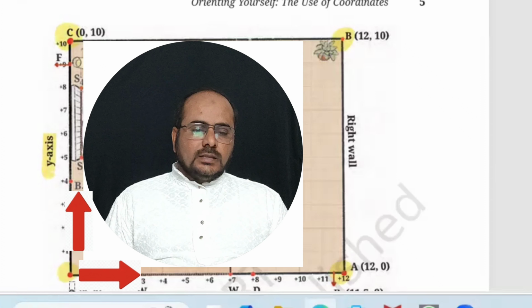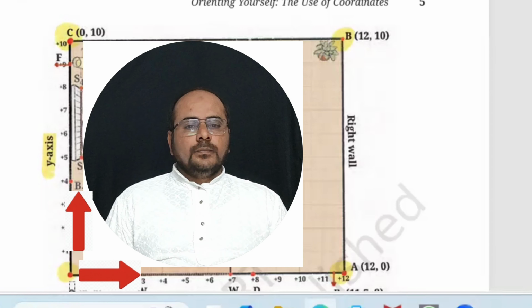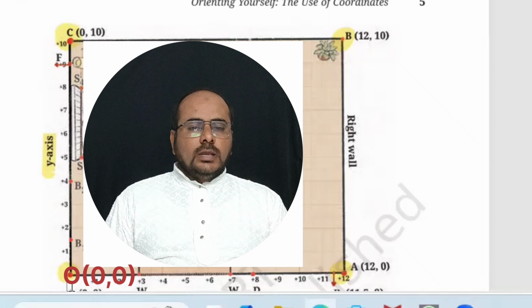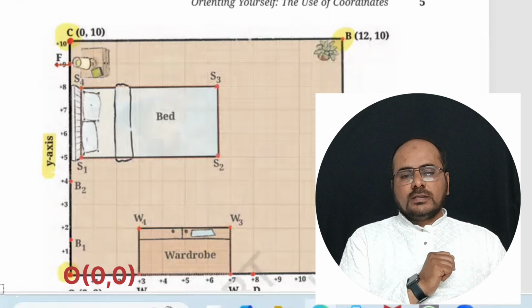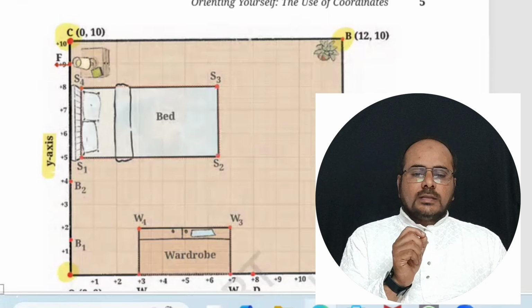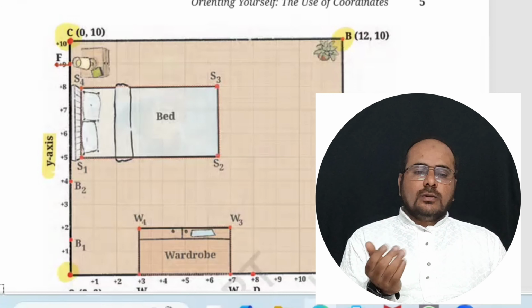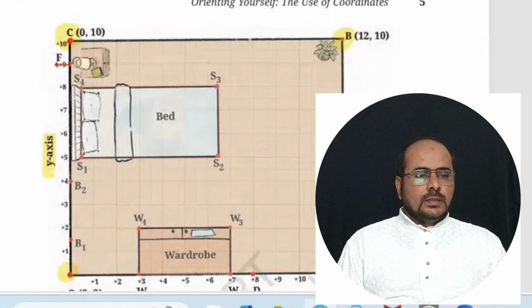And this horizontal line is the x-axis. Clear? Now, point O is the origin. As you know very well, the intersecting point of the x-axis and y-axis is the origin. Already these points were discussed in the previous video, my dear. If you do not understand, first of all you have to watch that video, and then come to this segment.